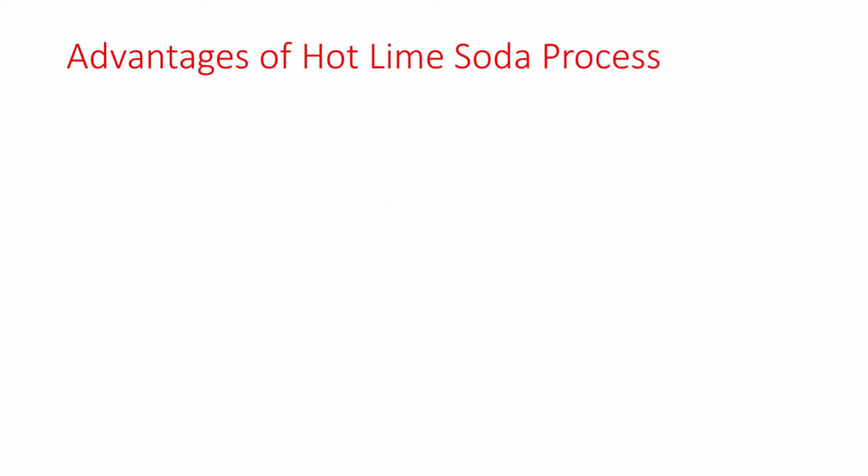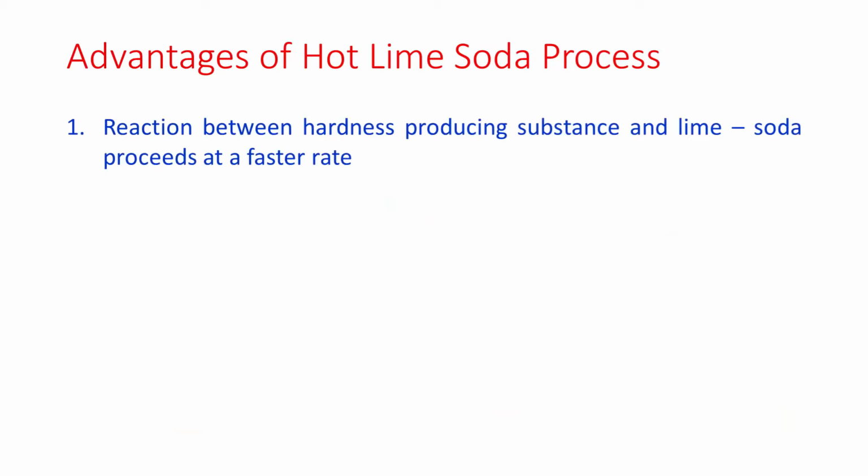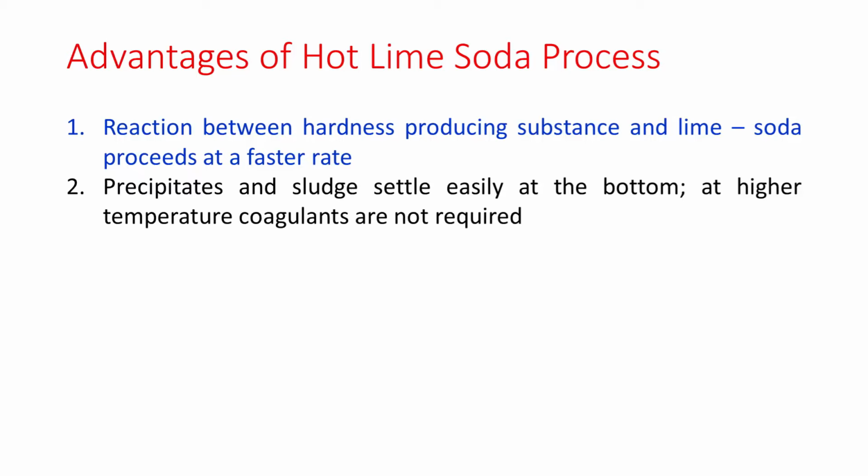Advantages of the hot lime soda process. Reactions between hardness producing ions, that is calcium and magnesium ions, and the lime and soda proceed at a faster rate. Precipitates and sludge settle easily at the bottom. At higher temperature, coagulants are not required.